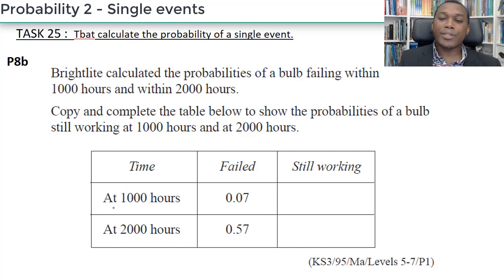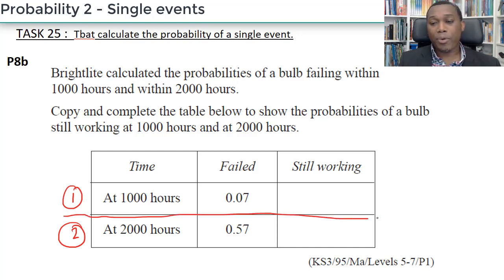At 1,000 hours, this is one circumstance, one situation, and this is another situation. So you've got to think about things separately. At 1,000 hours, when I'm doing a trial, if it failed at 0.07, then it's still working, has to add up to 0.93.